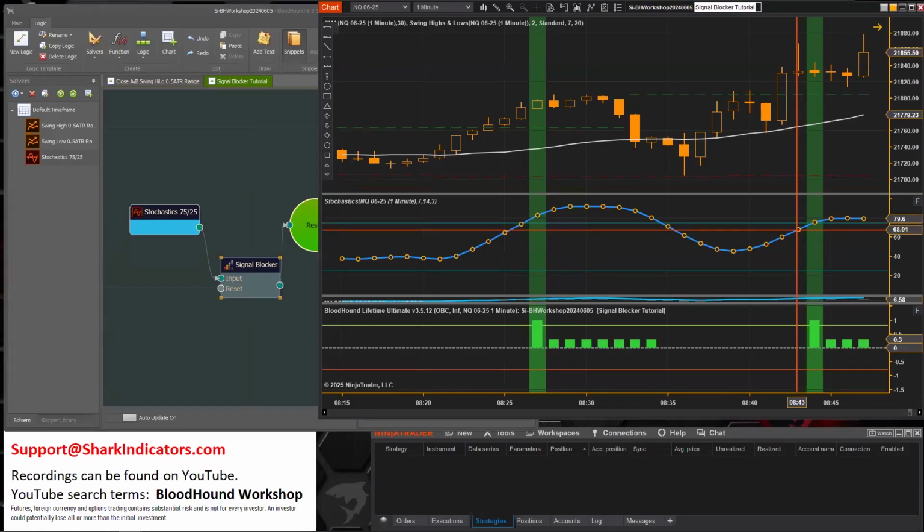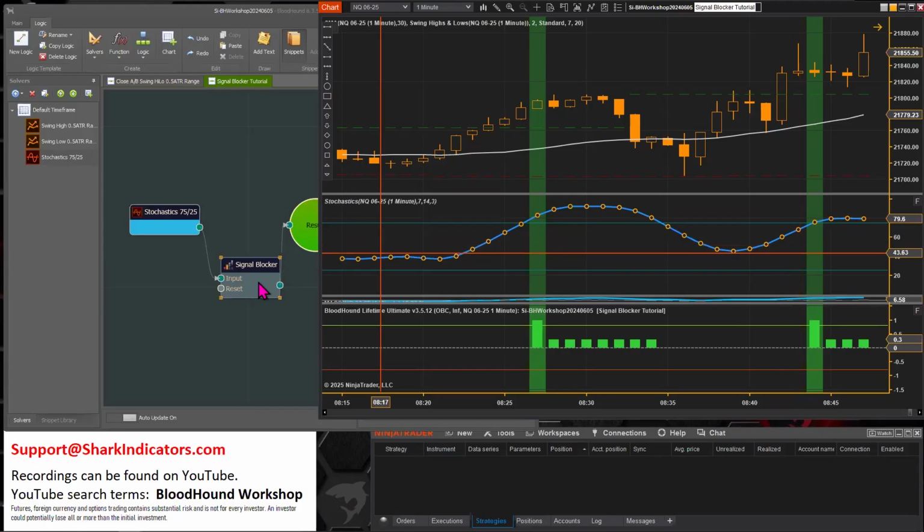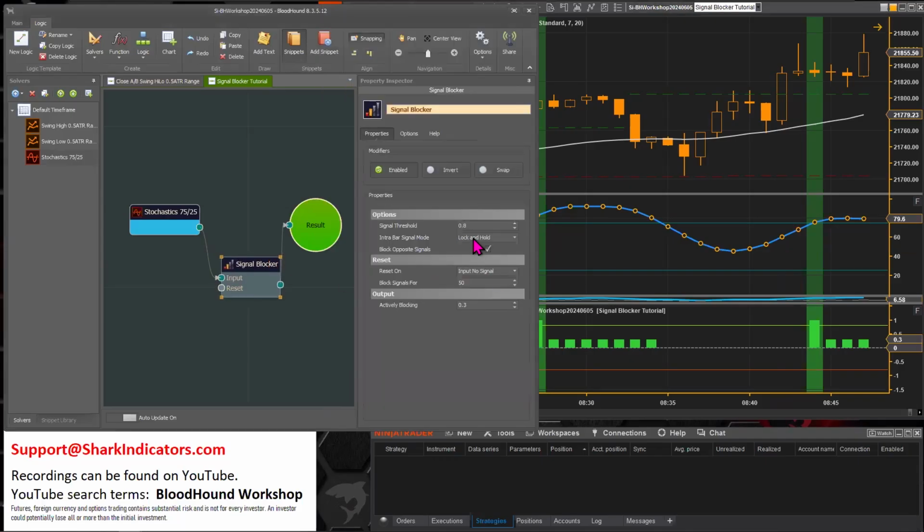That could have pushed our stochastics above 75 and generated a temporary long signal. That's what lock and hold is for: as price goes up and down, you'll have trade signals coming and going. Trade signals will appear and disappear, reappear and disappear as price bounces up and down. So lock and hold will lock onto that signal and hold it.